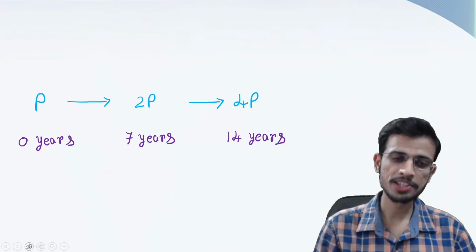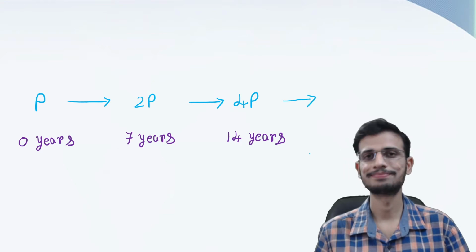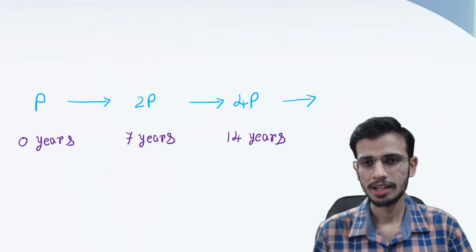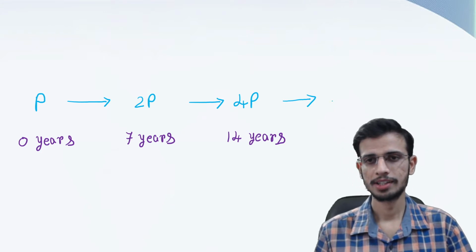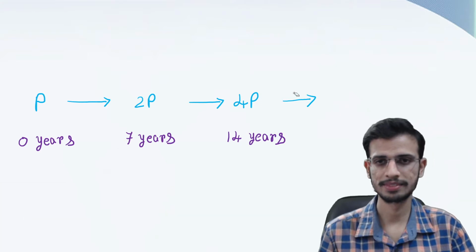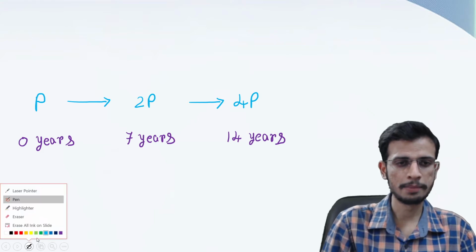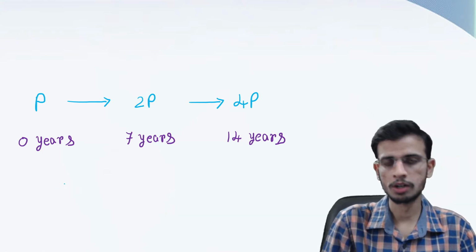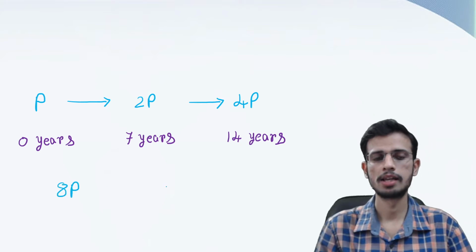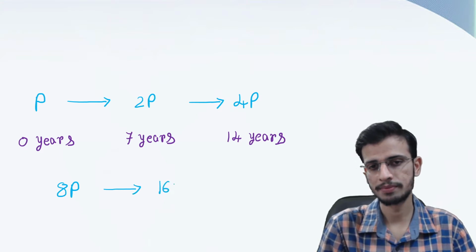After 7 more years, it will become twice of 4P. So I'm writing 8 times of P, but okay, so let me write here. After 7 more years, it will become 8 times of P, 2 times of 4P, it is 8 times of P. And after 7 more years, it will become 16 times of P, right?